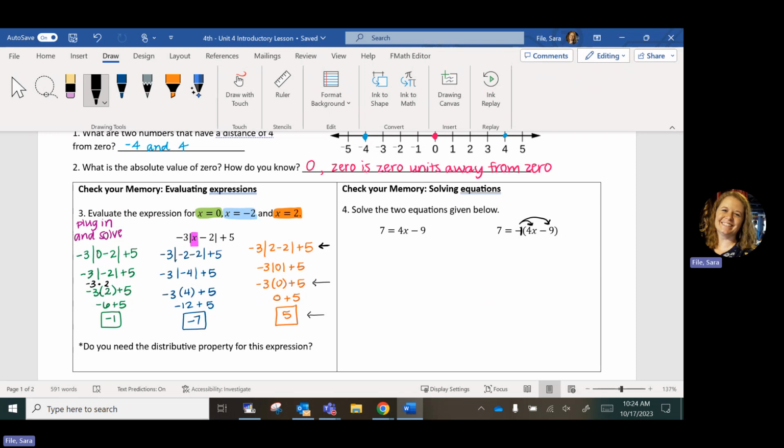But we are going to use distribution on this next one. Notice the difference in these two equations, and they're equations this time. They have equal signs. We have 7 equals 4x minus 9. And then we have 7 equals -4x minus 9. And that negative is outside the parentheses, so it has to be distributed. So this is a process that you're going to need to get used to, is solving two very similar equations. What was the only thing different about these two equations?